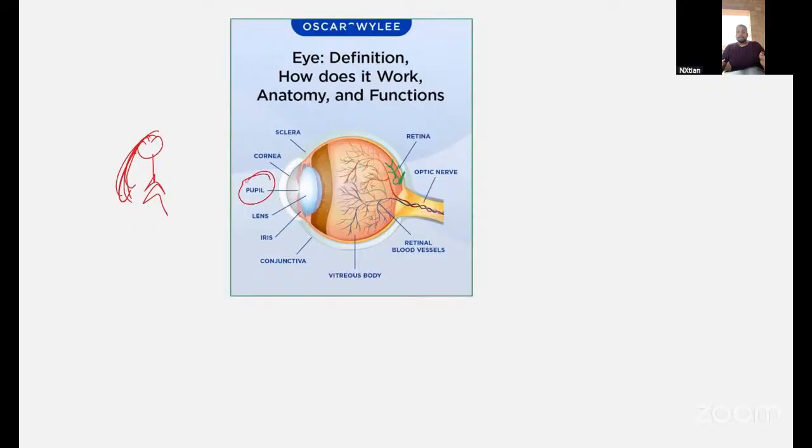For example, if we are in the night, when we are on the bed, we don't need to use the mobile, but we are using the mobile. The light is less, so our pupil will dilate and become like this, so that we can see the object clearly. It will open up.